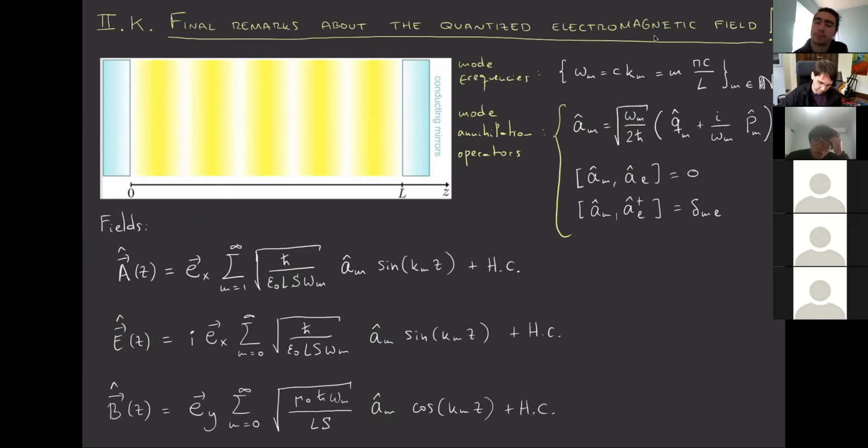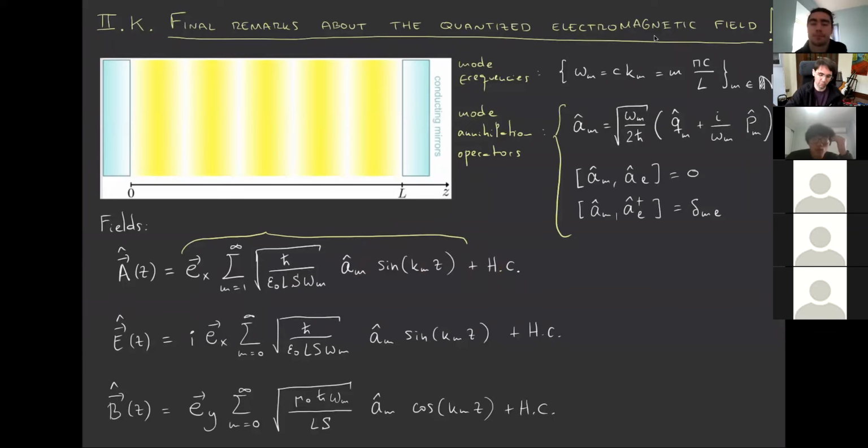What else? The other thing I wanted to say is I will give you a bit of notation that we might use, but you will see in books most of the time. So usually we divide fields. You see that the field has a part that corresponds to the annihilation operator and a part that corresponds to the creation operator, so the Hermitian conjugate of this expression.